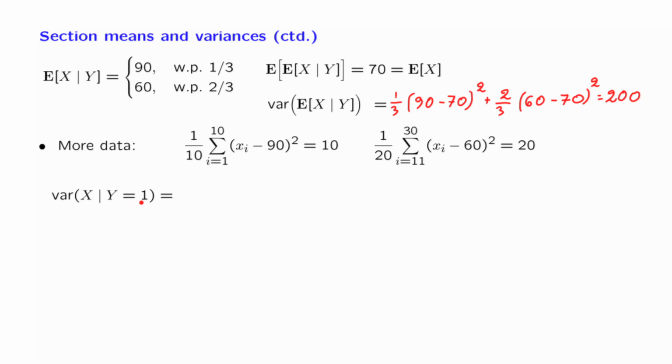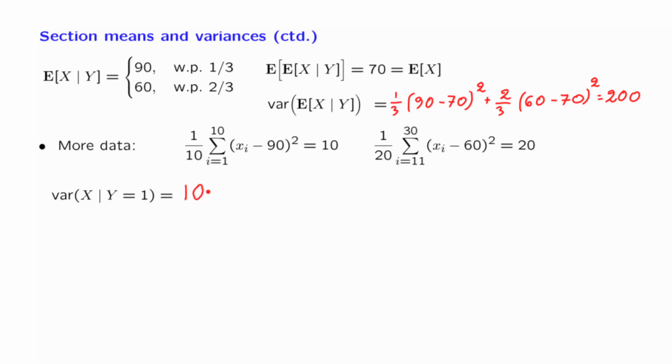Now, in the first section, with probability 1/10, we pick the ith student that has this score, and this is the deviation of that student from the mean of that section. So this is the same as the mean squared deviation from the mean of the section, and this is exactly the variance within that section.